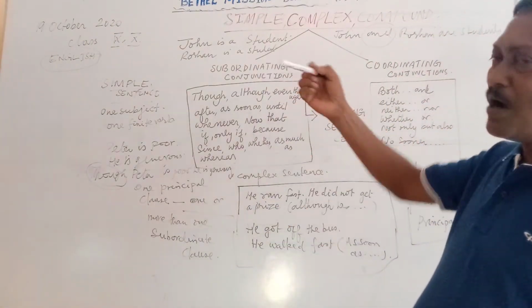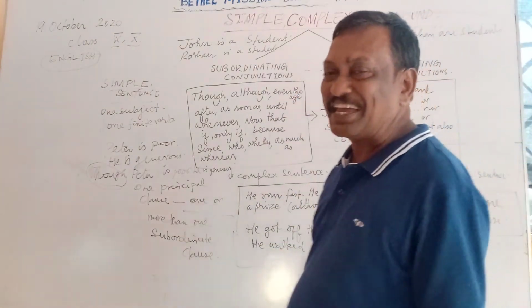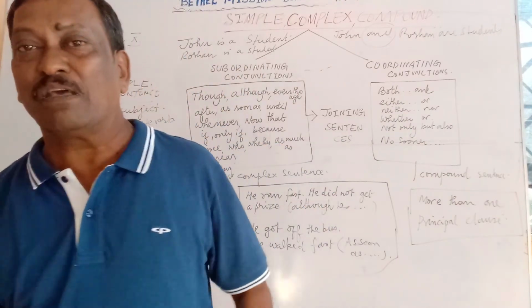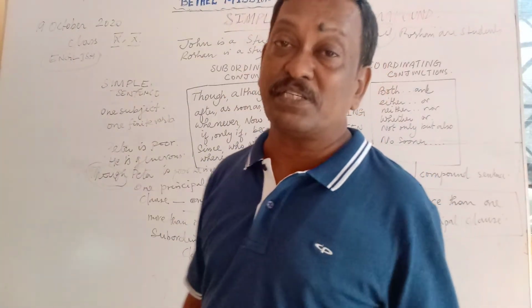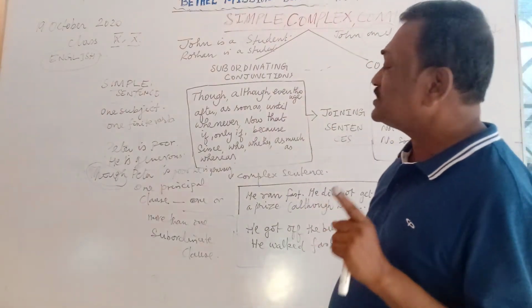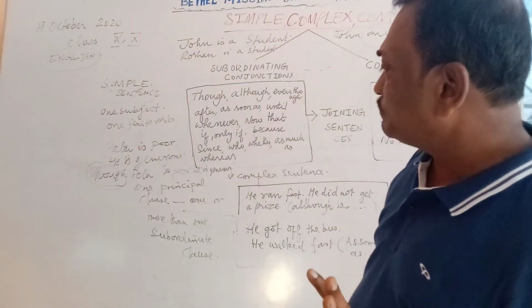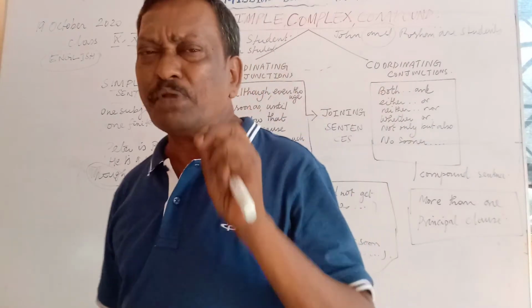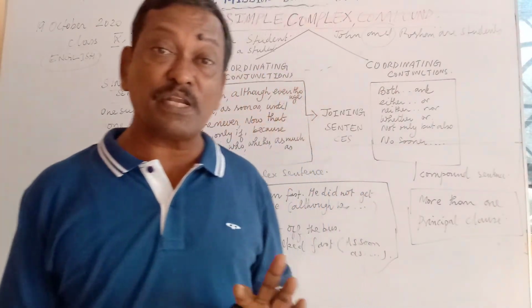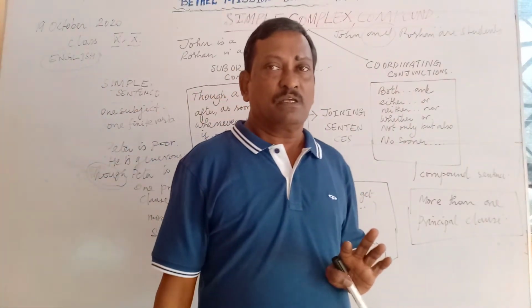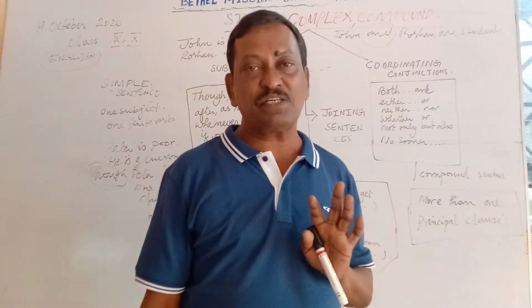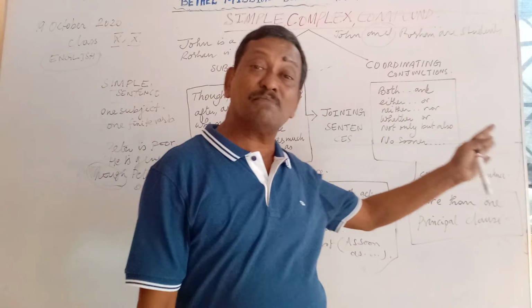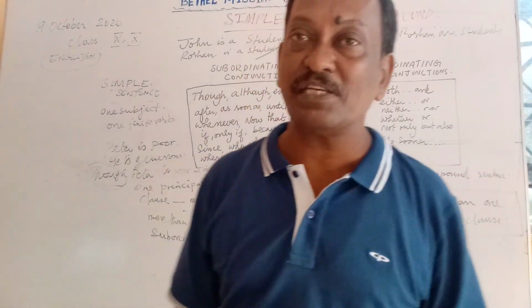Now, what is a complex sentence? We are getting into the topic. Before you understand what a complex sentence is, you must know a principal clause and a subordinate clause. If you remember, in one of the Zoom classes, we had discussed simple, complex and compound sentences.